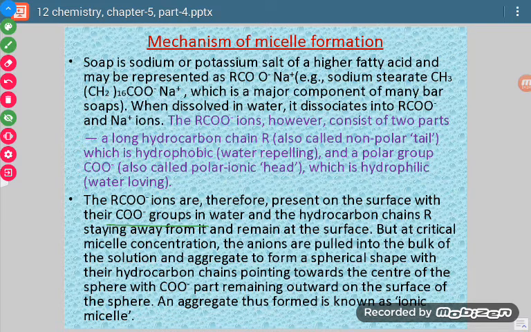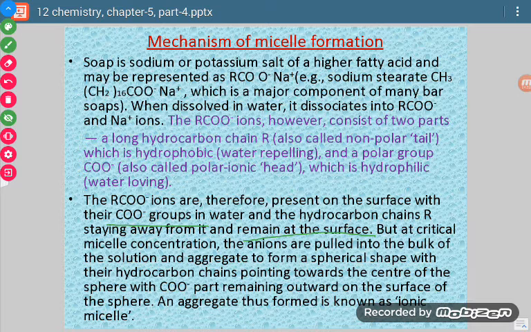Since this molecule has a water-loving end and a water-hating end, the water-loving end will be attached with water and the water-hating end will be away from water.